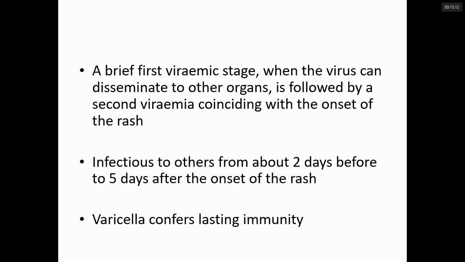And varicella confers lasting immunity. If the person is infected once by varicella, he will be immune to varicella. He will be immune to chickenpox, varicella zoster virus infection, but he is not immune to herpes zoster infection. We'll discuss what is herpes zoster later. The person will not get chickenpox, but may get herpes zoster later.